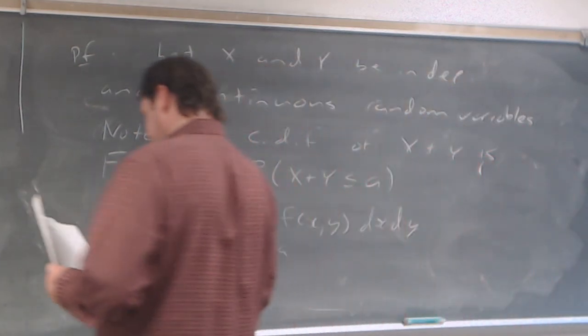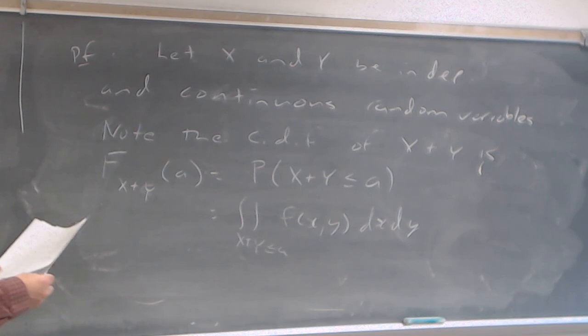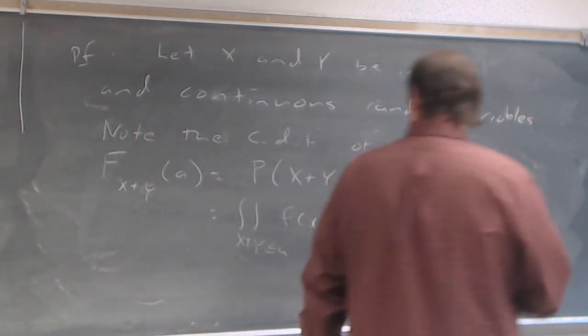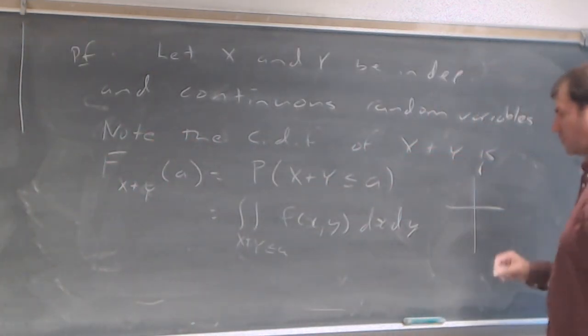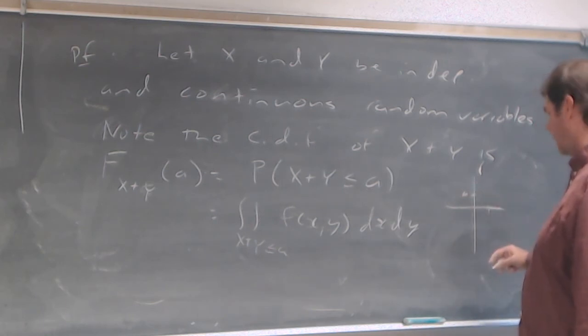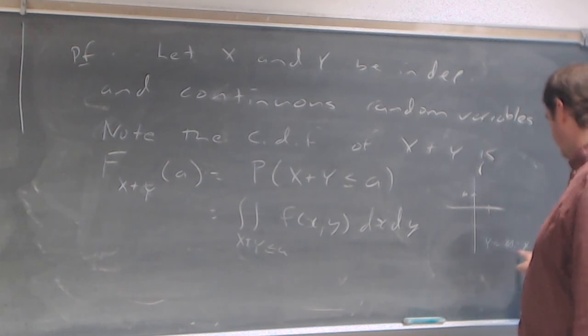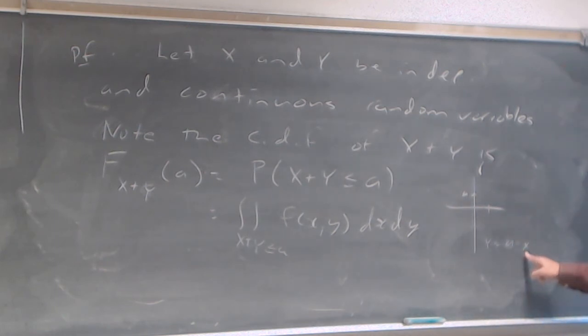But since we have independence, okay, and ladies and gentlemen, let's come over to the side here. And let's think about this region that we're integrating over. So here, maybe this is A. We have y is equal to a minus x, so when x is 0, y would be equal to a.